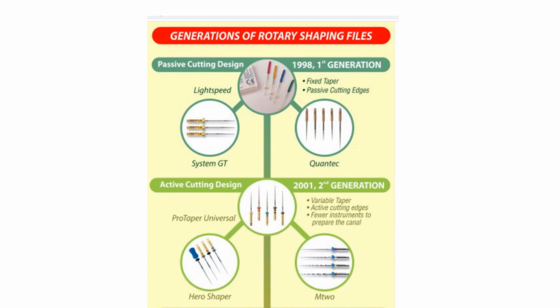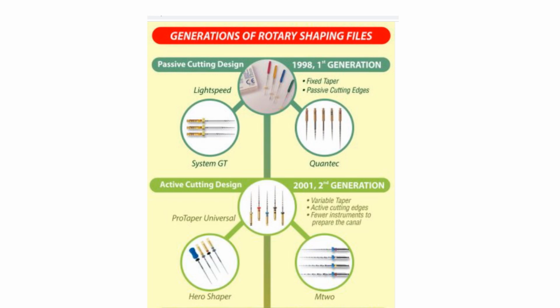So at every 1 millimeter increase in the length of the file, the diameter is increasing at a constant rate. Okay, but with the variably tapered files, they have different tapers of increasing and decreasing angles along the whole portion of the file. Somewhere the taper is more, somewhere the taper is less.